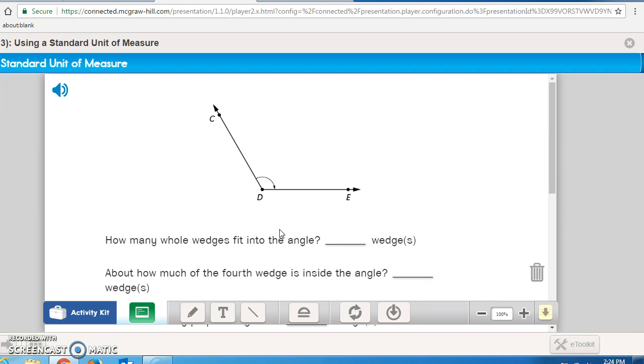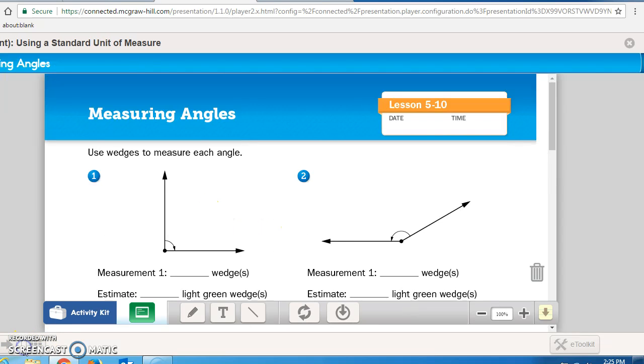All right. I want you to turn to Math Journal page 179. It again is asking you to use the different wedges that you have to measure each angle. So it says measurement 1. How many wedges?